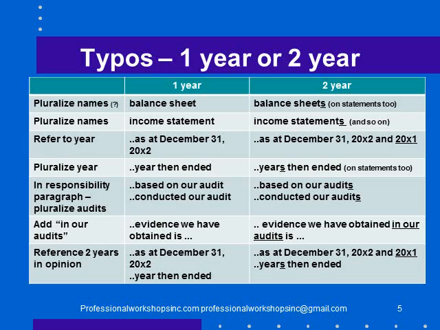Though I find when I look at what happens in published public company financial statements, there are almost as many combinations as you can imagine. Many times the auditor will pluralize balance sheets, but when you look at the balance sheet, the client has not. It's just balance sheet. So some of the times the auditors pluralize, and so does the client.